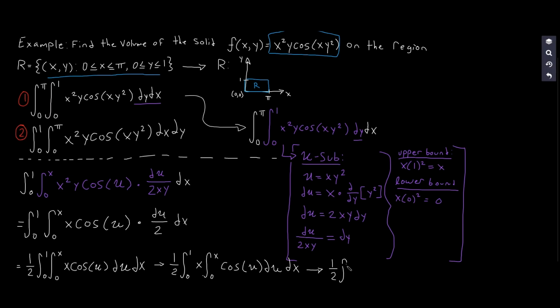This is going to be 1/2 times the definite integral from 0 to 1 times, well, for x times sine of u. Wait, derivative of sine stays positive. So oh yeah, this is going to be positive sine.